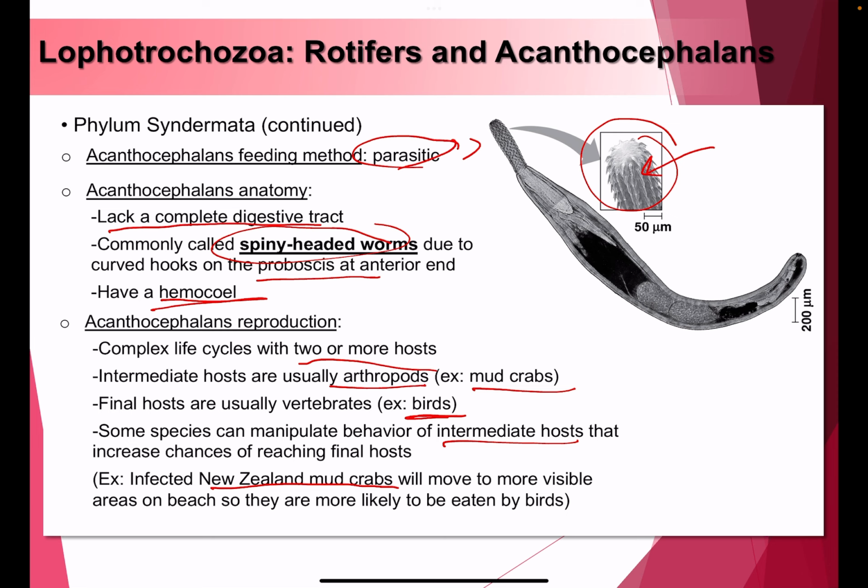But supposedly, if they're infected with this particular acanthocephalan, they're able to manipulate these mud crabs' behavior and let them hang out on the open beach. And in that sense, it's easier for birds to eat them, which is then their final host. So that's really bizarre.